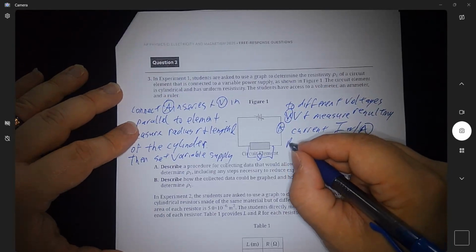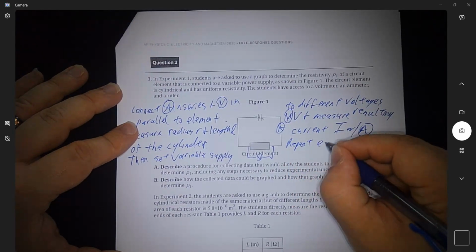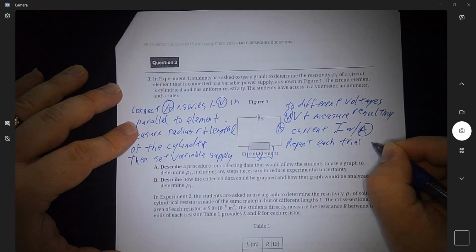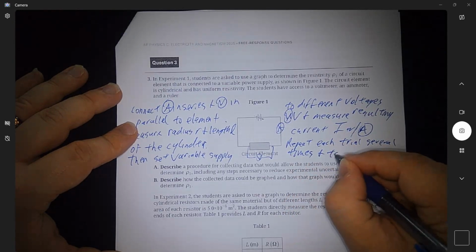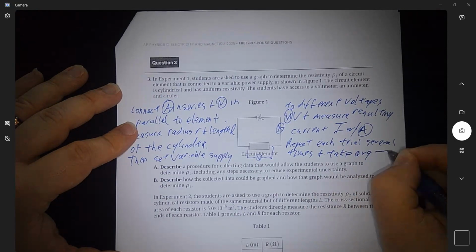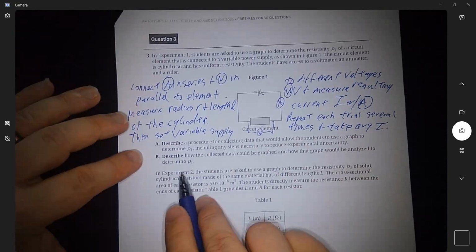Okay. Repeat each trial several times and take an average I or something like that to reduce experimental uncertainty.